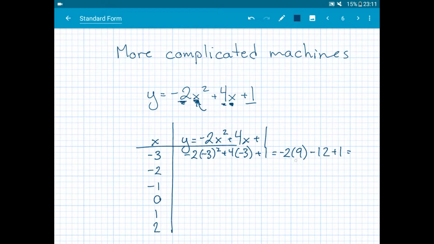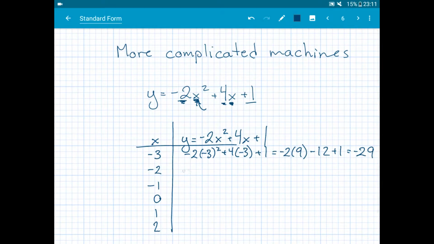This will be minus 18, minus 12 will be minus 30, plus 1 is minus 29. Keep going: minus 2 times minus 2 squared plus 4 times minus 2 plus 1 equals, and you can continue doing this.